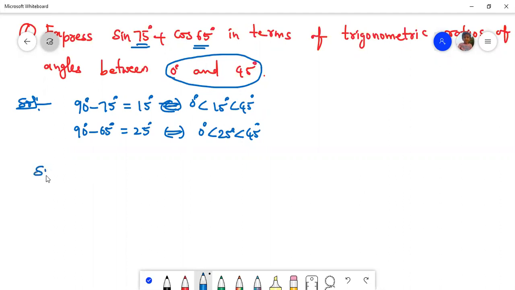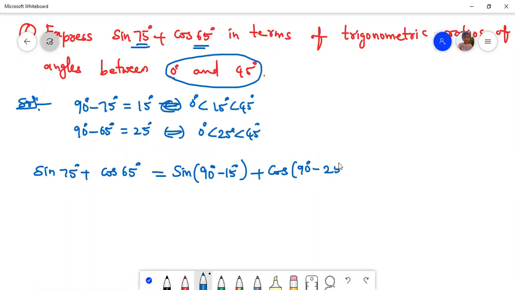So here we can take sine of 75 degrees plus cos of 65 degrees. It is equal to, the 75 can be written as sine of (90 minus 15) degrees, which becomes 75 degrees, plus cos of (90 degrees minus 25 degrees), which is equal to 65 degrees.